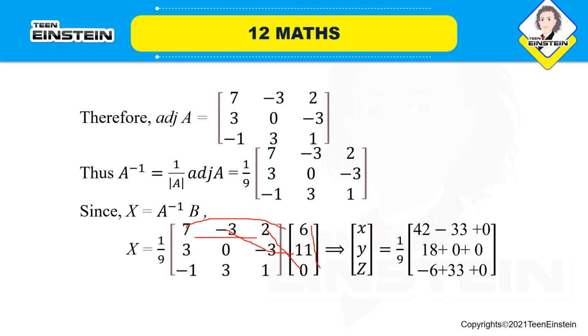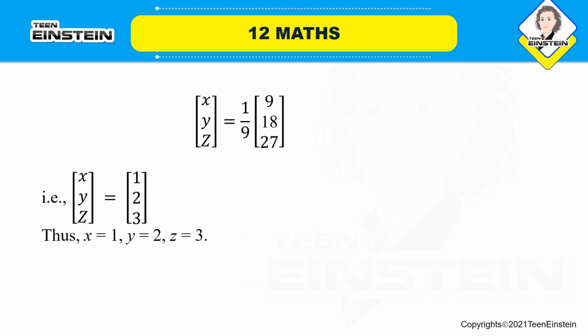Then fix the second row: 3 into 6, 18, 0 into 11, 0, minus 3 into 0, 0. Now fix the third row: minus 1 into 6, minus 6, plus 3 into 11, 33, plus 1 into 0, 0, right? So on simplification, I am getting 1 by 9 into 9, 18, 27.